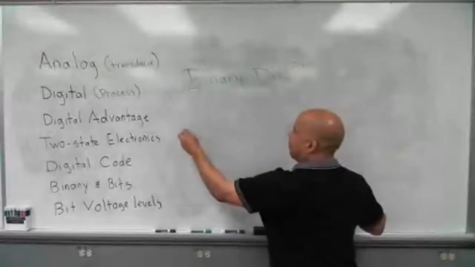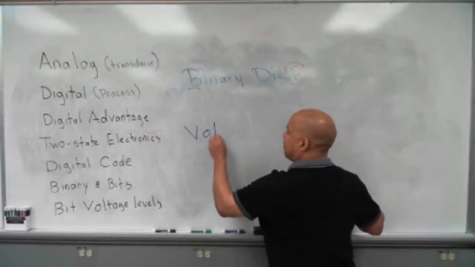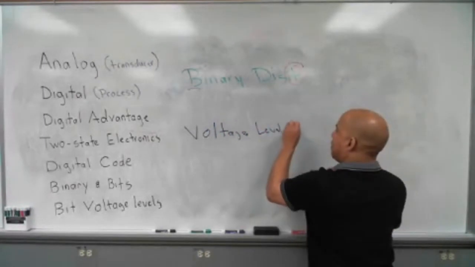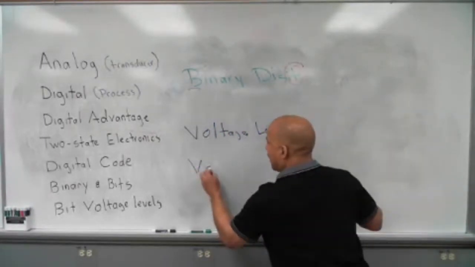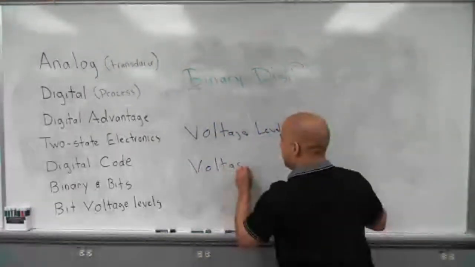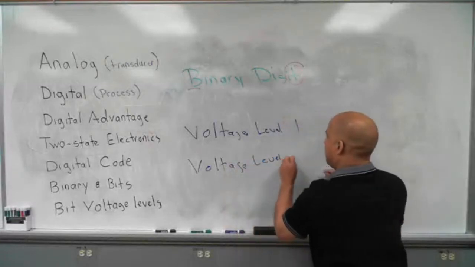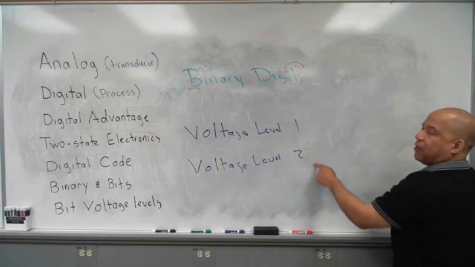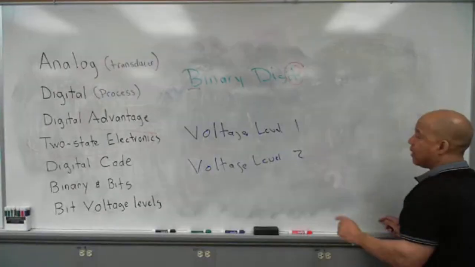Basically, we have a voltage level, and we have another voltage level, and we assign these two voltage levels either to be a 0 or 1.